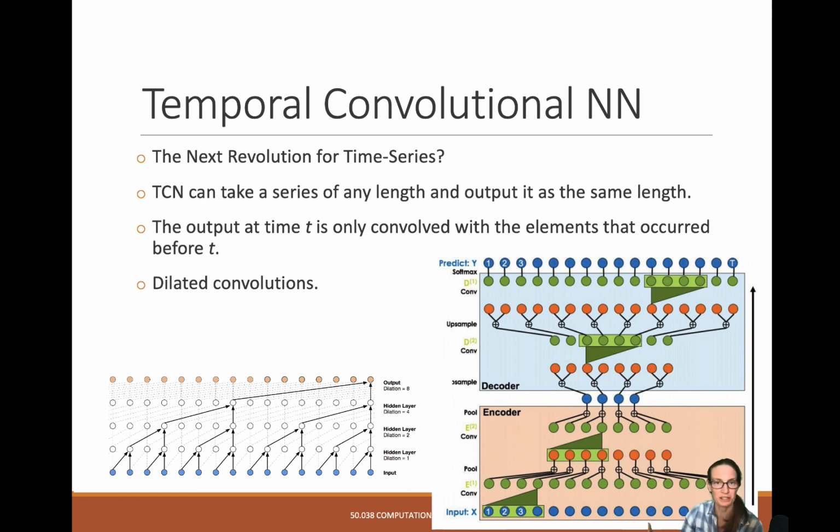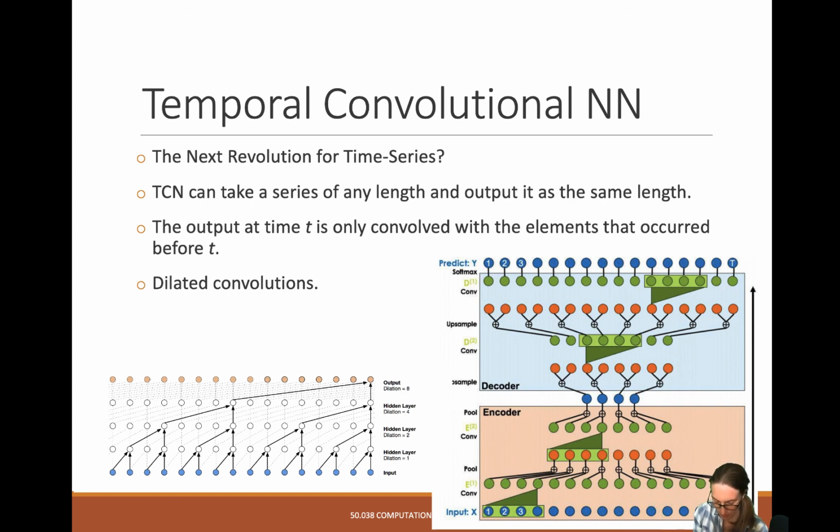novel architecture called the temporal convolutional neural network, which is basically a convolutional neural network made for time series. The TCN can take a series of any length and output it as the same length. Okay. But the output at time t is only convolved with elements that occurred before t through something called dilated convolutions. This is a one-dimensional convolution, typically, in its most basic form.